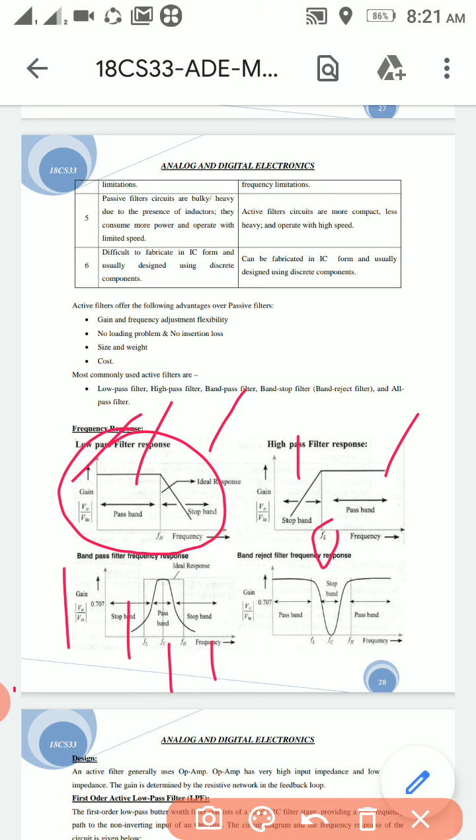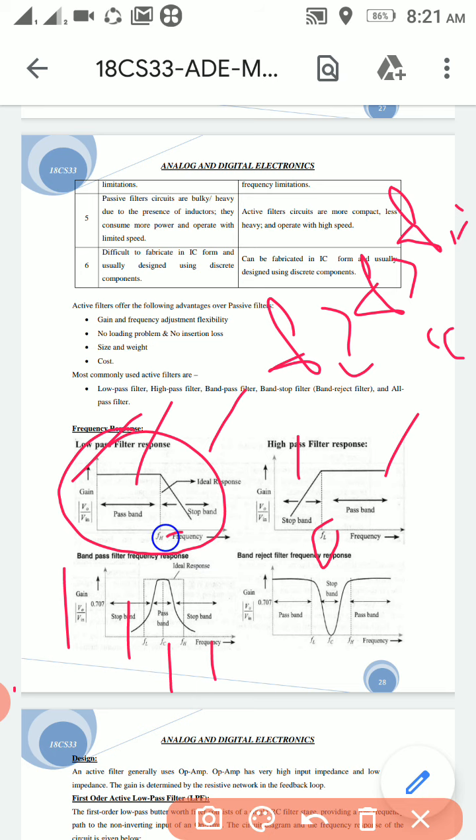So you know how the band pass filter frequency response looks. FL greater than FC greater than FH, that is the ideal response.